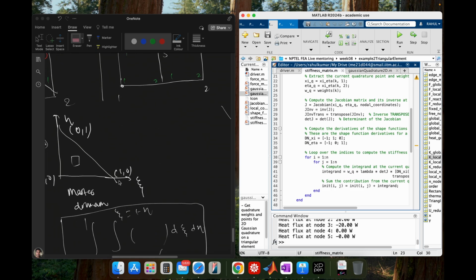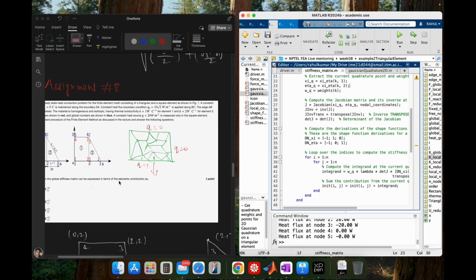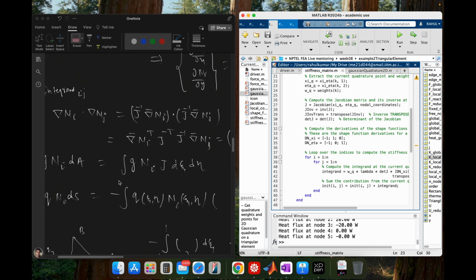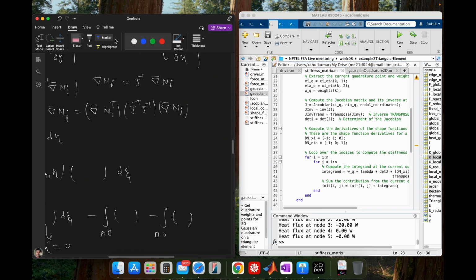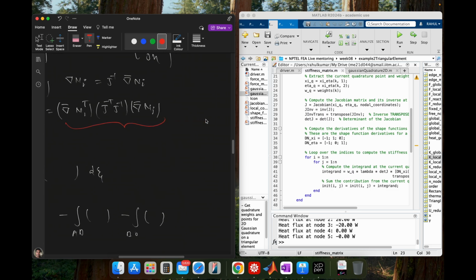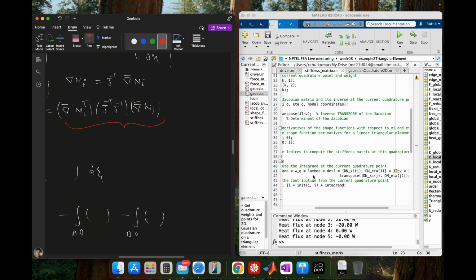Why are we doing this? Because we already saw this thing. Here you can see that it is doing WQ lambda, where this is the weight, lambda is the thermal conductivity, and this is the determinant of the Jacobian.